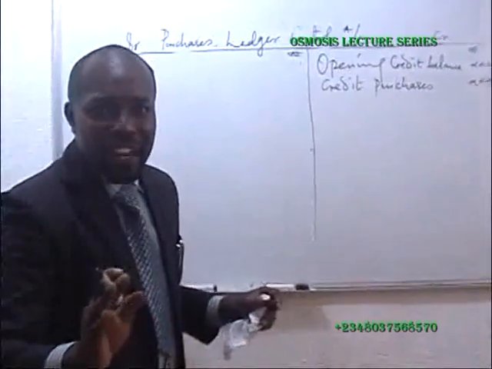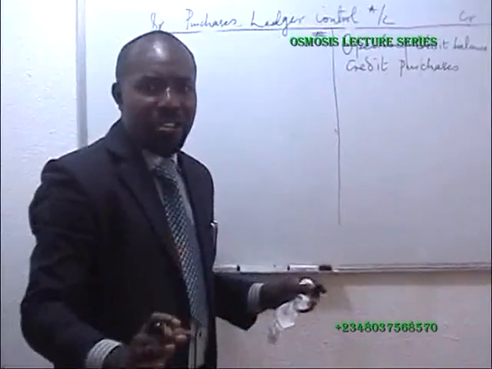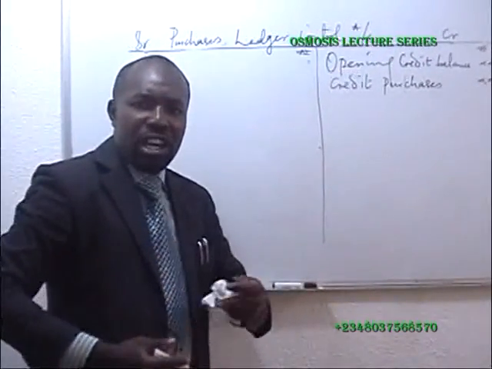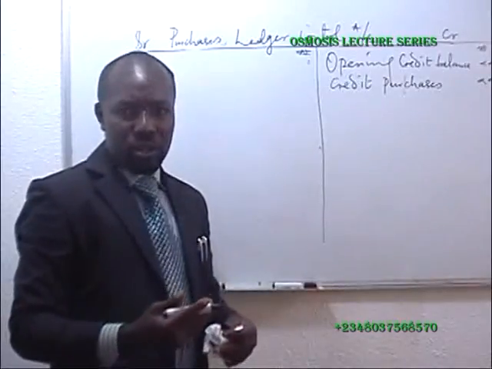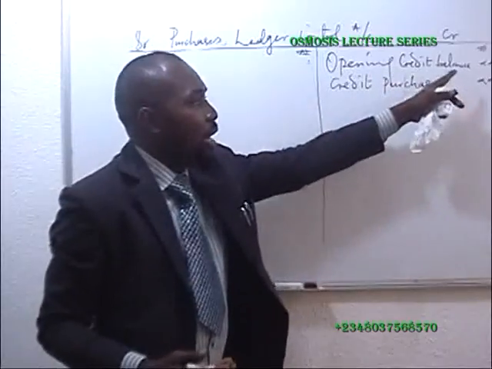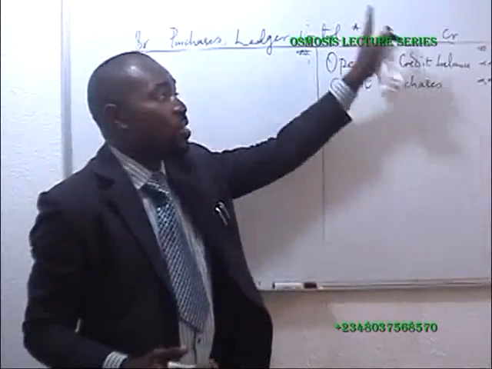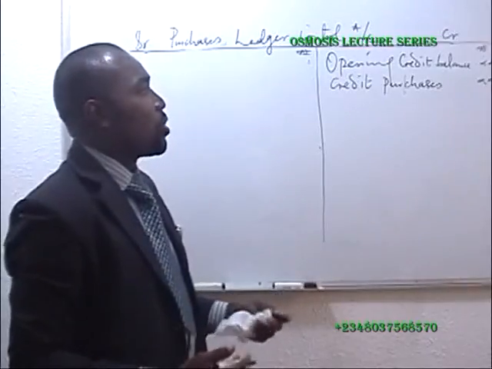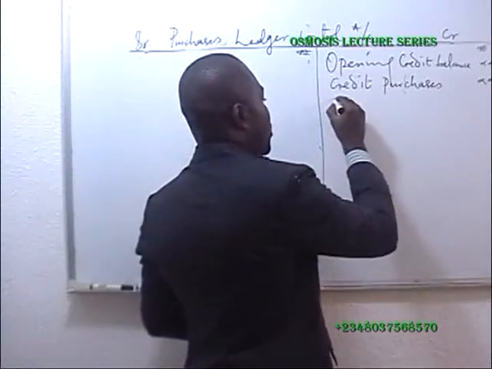When you make credit purchases, you have credit purchases will increase your creditors. So you see here, we have opening credit balance. You make more credit purchases, it increases your what? Creditors. Another thing that can increase your creditors is what? Transfers or settles.